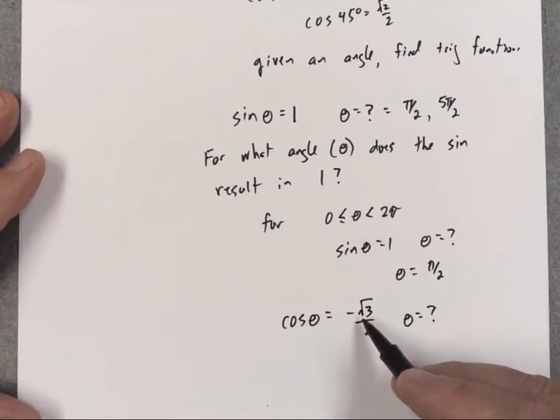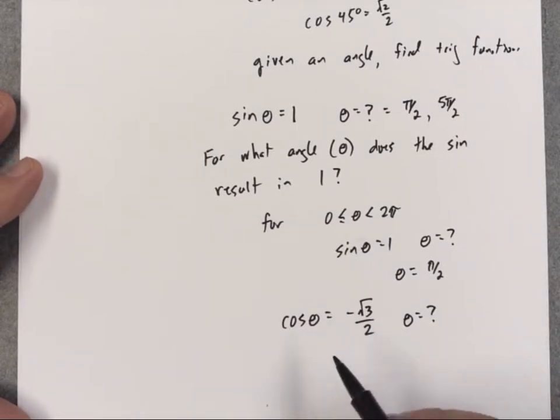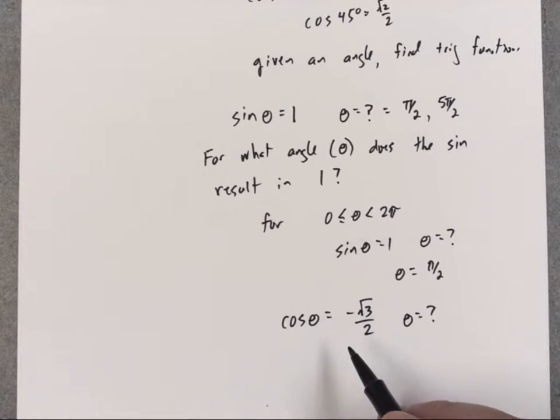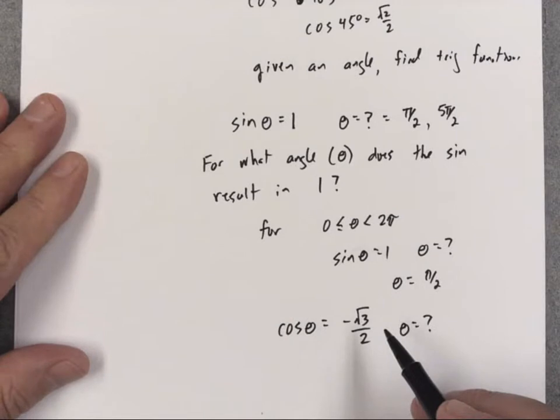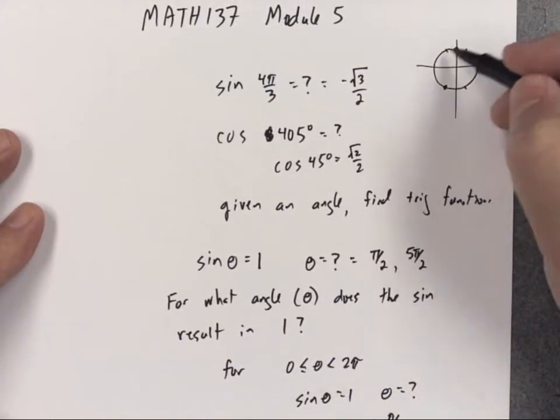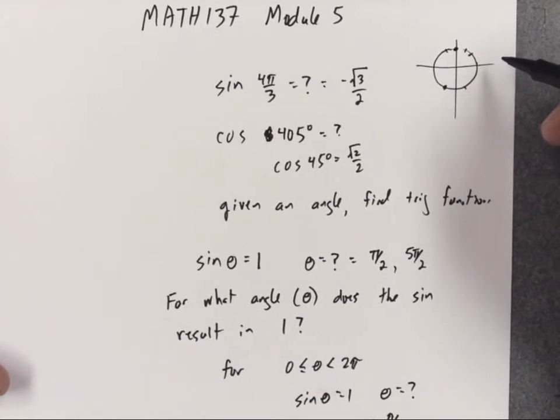So now you ask yourself the question, to solve this equation, I need to go find an angle so that when I take the cosine of that angle, it equals negative square root of 3 over 2. So what am I doing? I'm really going to my unit circle, and I'm saying, where on this unit circle is the cosine negative square root of 3 over 2?